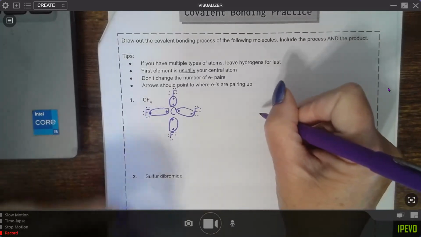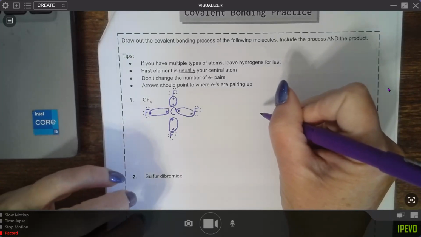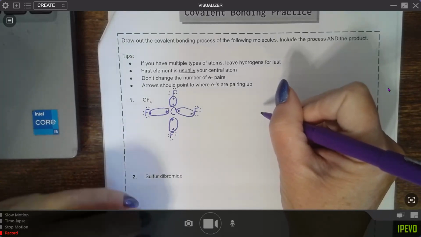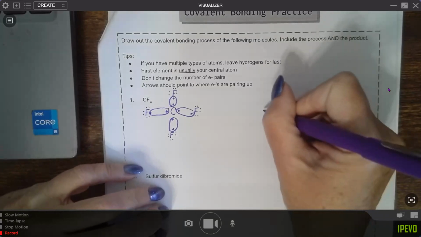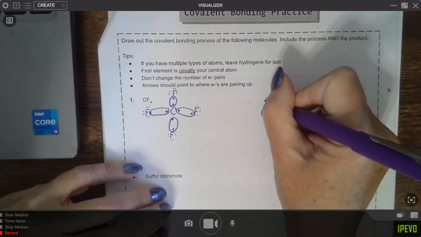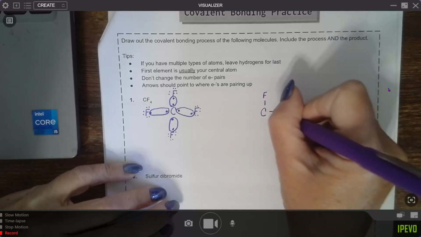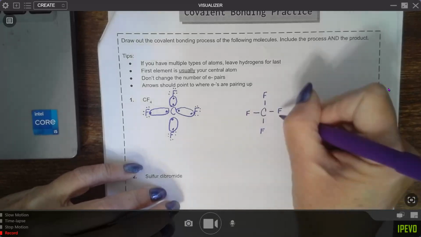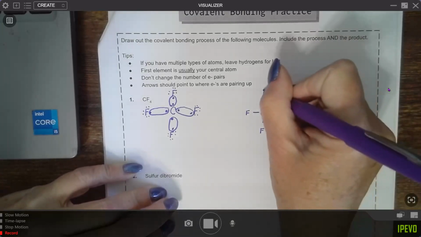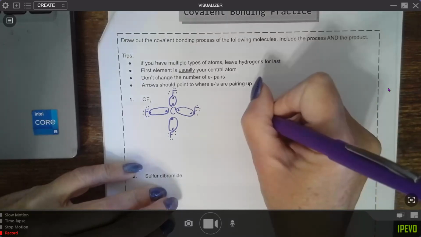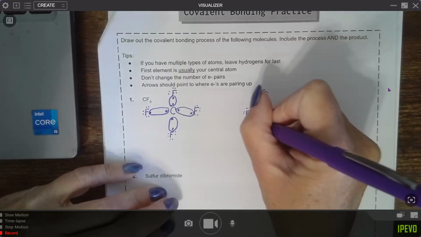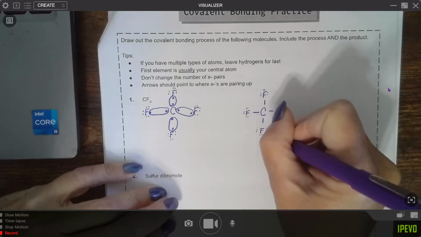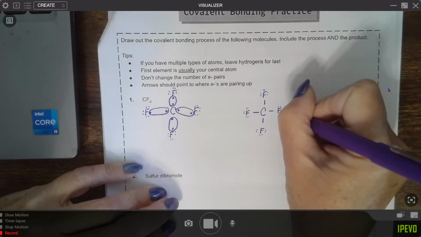But if you do the loops or any arrows, I want you to get in the habit of drawing a final copy. I would change those shared pairs into bonds, and then don't forget to include the unshared pairs around each fluorine.